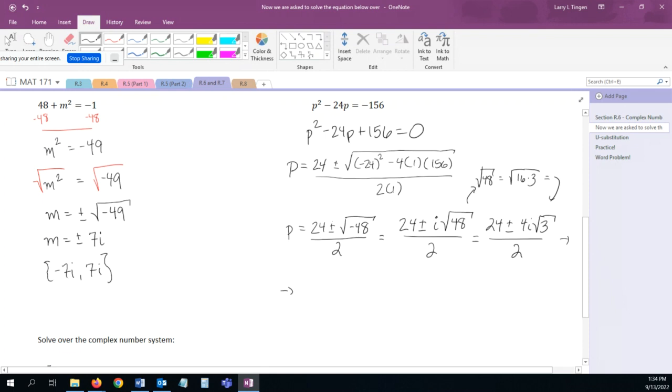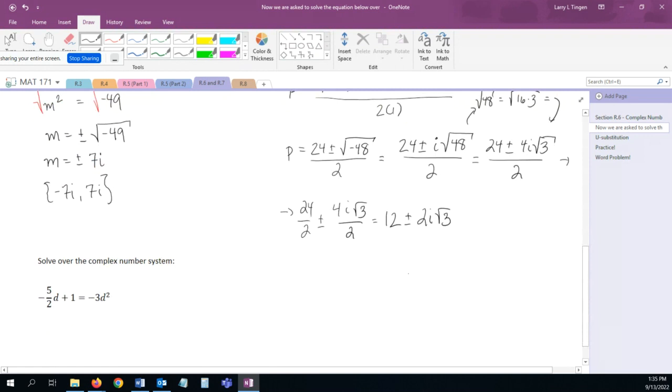I'm going to go ahead and split these up and write this as a complex number, a plus bi. So that's 24 over 2 plus or minus 4i times the square root of 3 over 2. Those simplify. 24 divided by 2 is 12, plus or minus 4i times the square root of 3 divided by 2. 4 divided by 2, the 2s divide away, leaving me at 2i times the square root of 3.